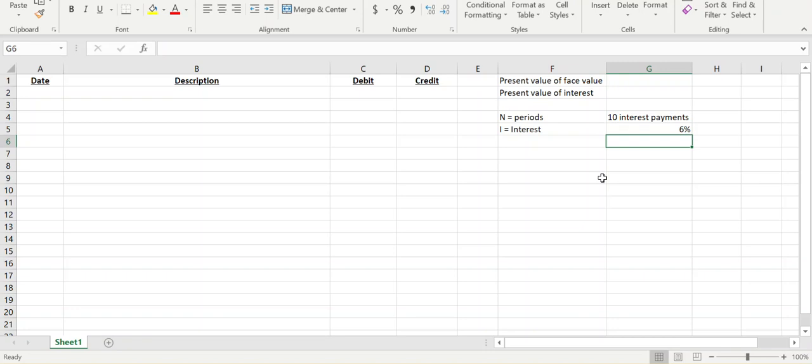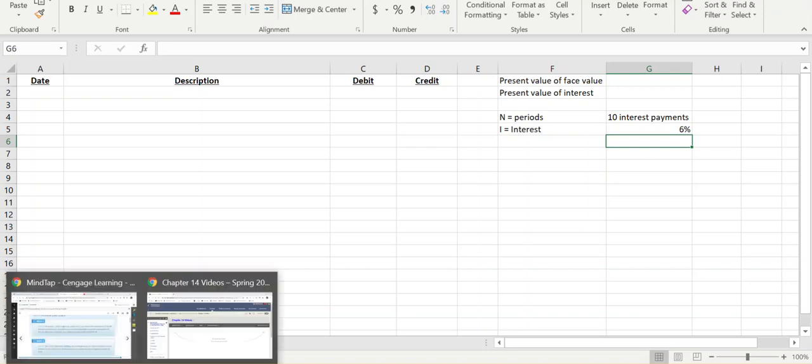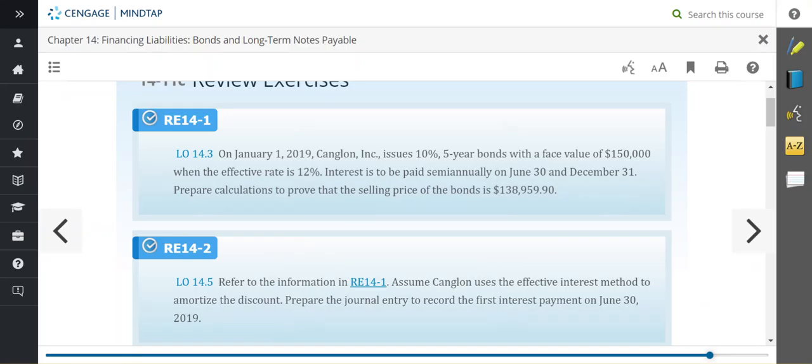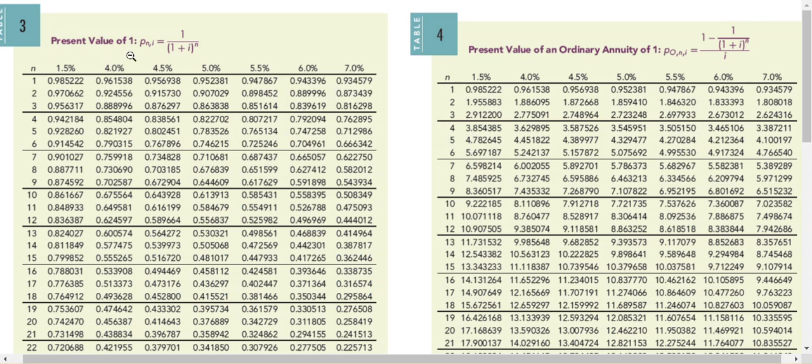So when we're looking at the present value of our face value, we're going to use our table 3, which is the present value of $1. The reason for that is it's a lump sum that we are in fact dealing with. So we're going to come down 10 periods and over to 6%.